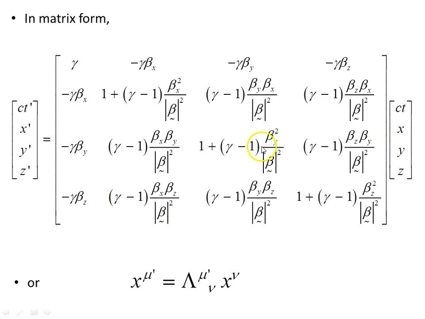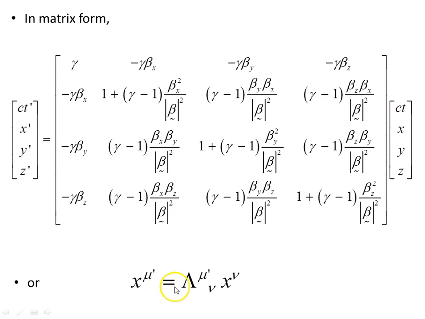This will be a 1, and that'll disappear. The rest of these will be 0, and that will give you a standard configuration. Otherwise, for a boost in a general direction, this is the matrix you want.